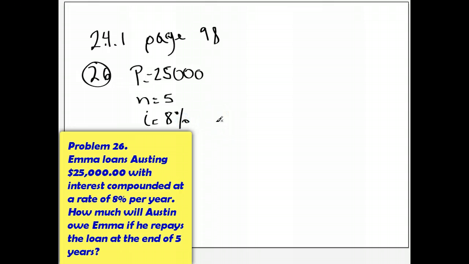From the perspective of Emma, since she is lending the money, she's letting Austin have a loan of $25,000. So from her perspective, $25,000 were out of her own availability at the beginning of the period.